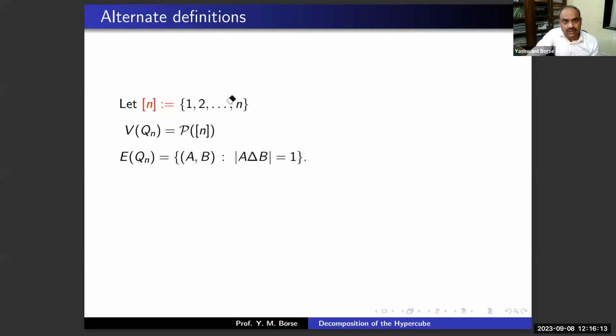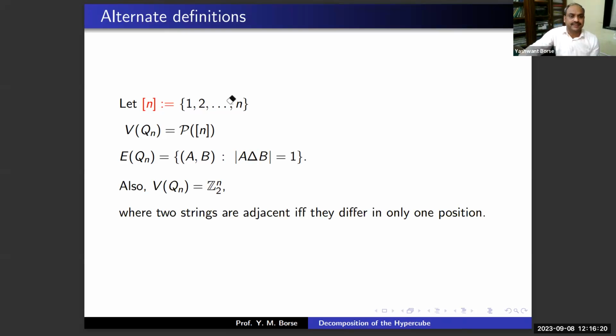Another way we can define the hypercube is this. Take the vertex set as Z2^n, which means Z2 cross Z2 cross Z2, n copies. So these are binary strings of length n. The vertices of Qn are all binary strings of length n.